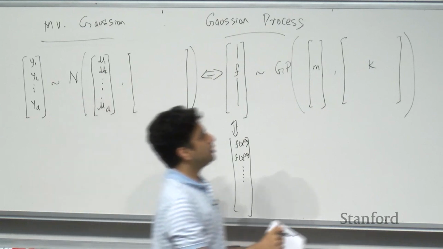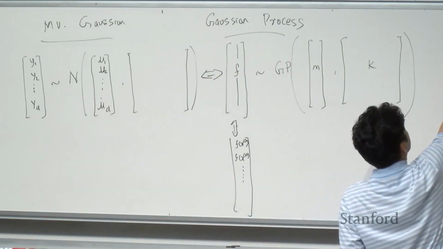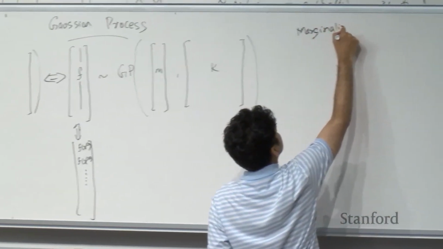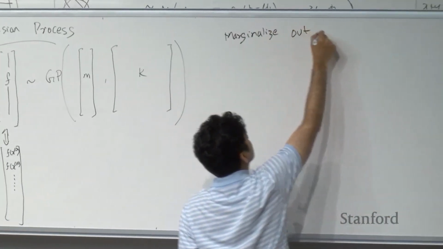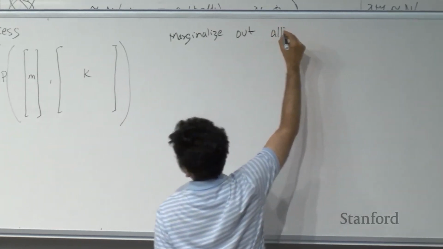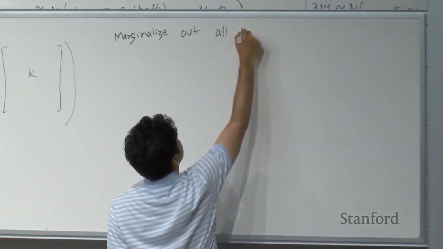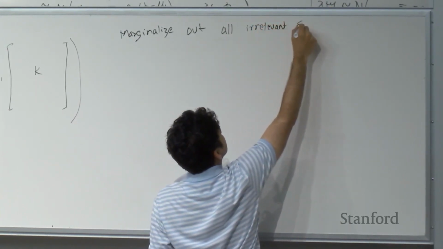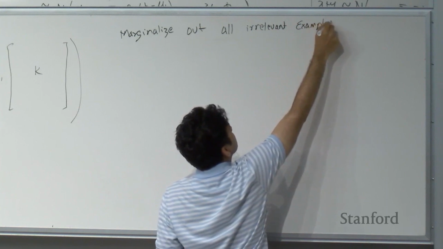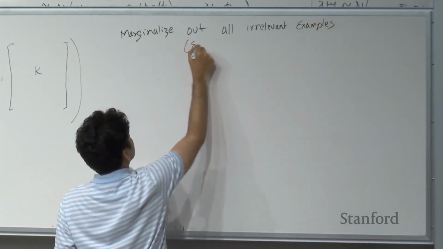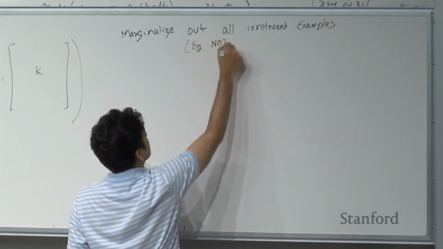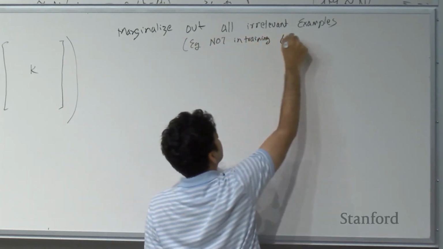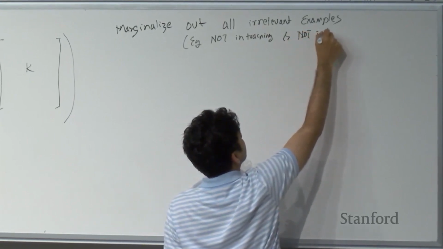This means we marginalize out all irrelevant examples, so basically examples not in training and not in test.